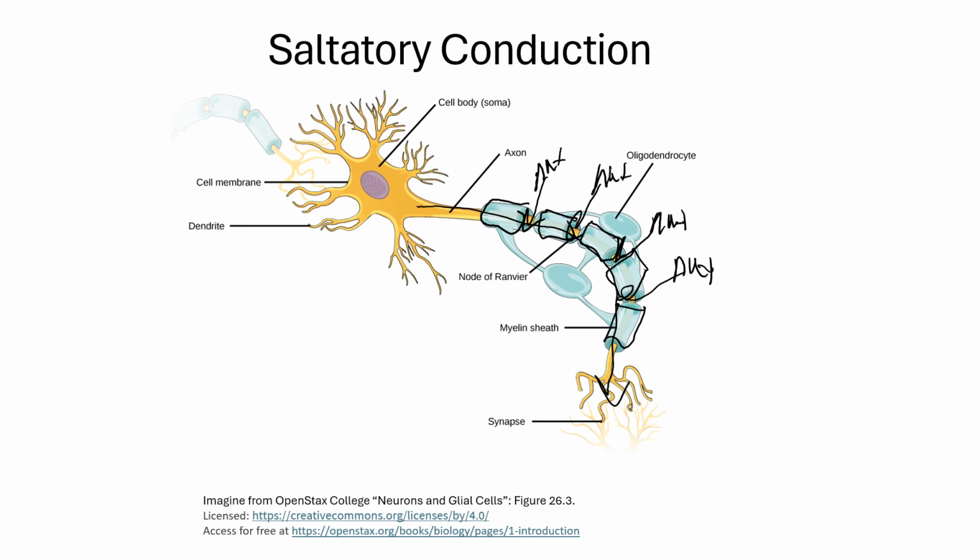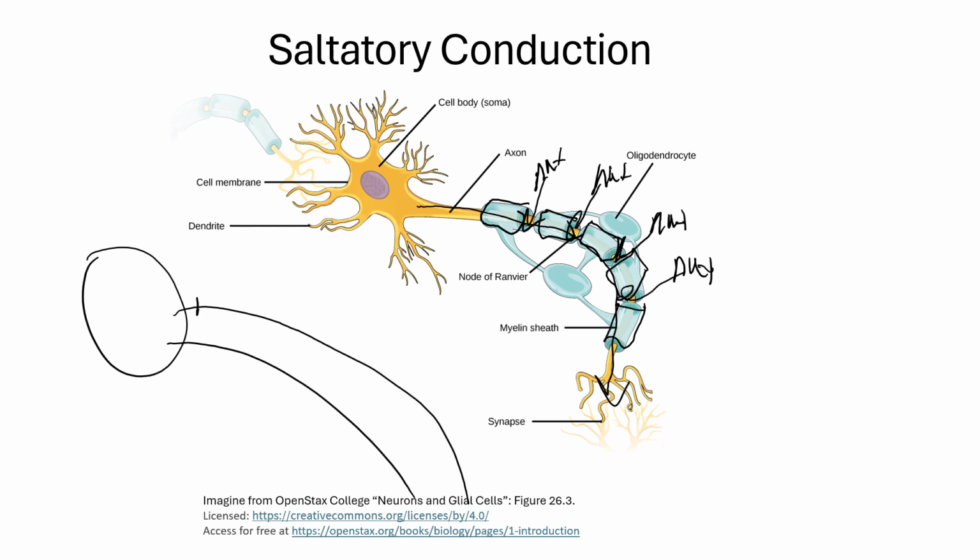It allows for what are called action potential conduction velocities to be significantly greater, right? Significantly faster. Compare this to a non-myelinated neuron's axon. The voltage needs to be recharged in every single region of the axon.